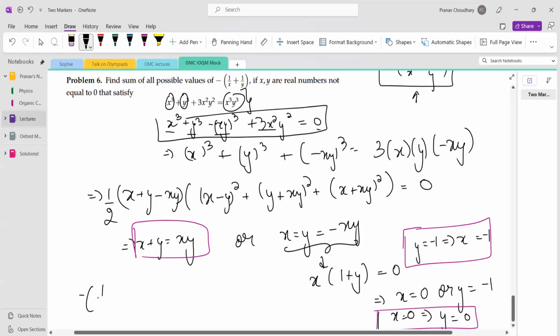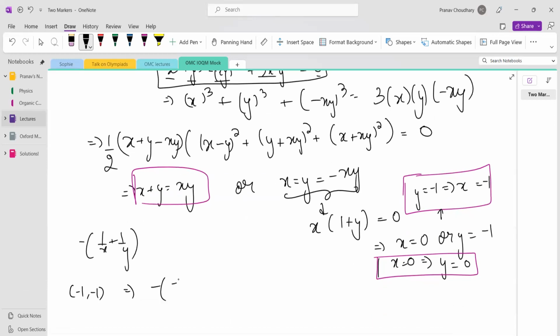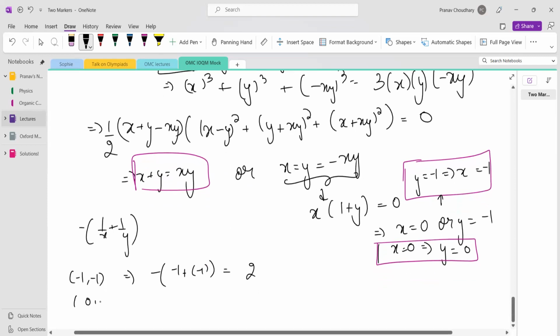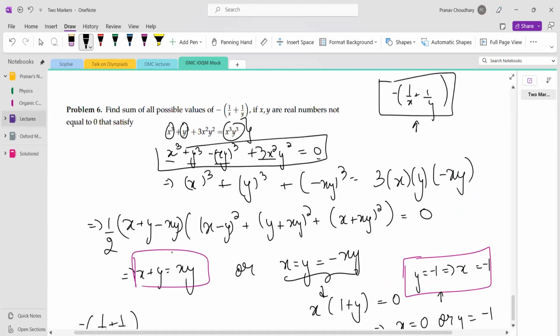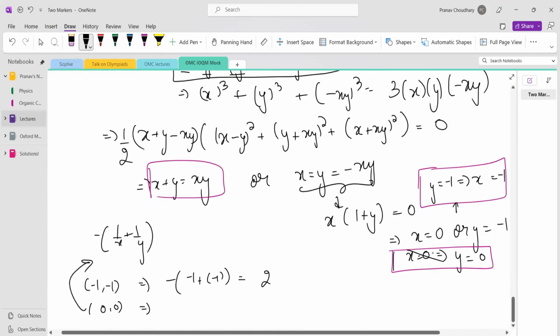So minus 1 by x plus 1 by y, in minus 1, minus 1, this thing is minus 1 plus minus 1, which is 2. For 0, 0, this is not defined. Okay, it just said that real numbers not equal to 0. So we discard the solution.